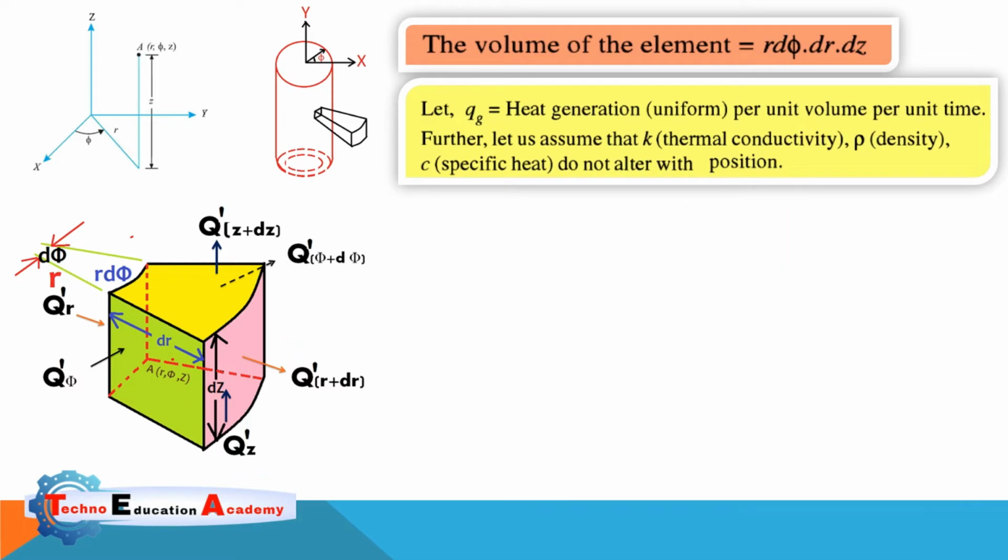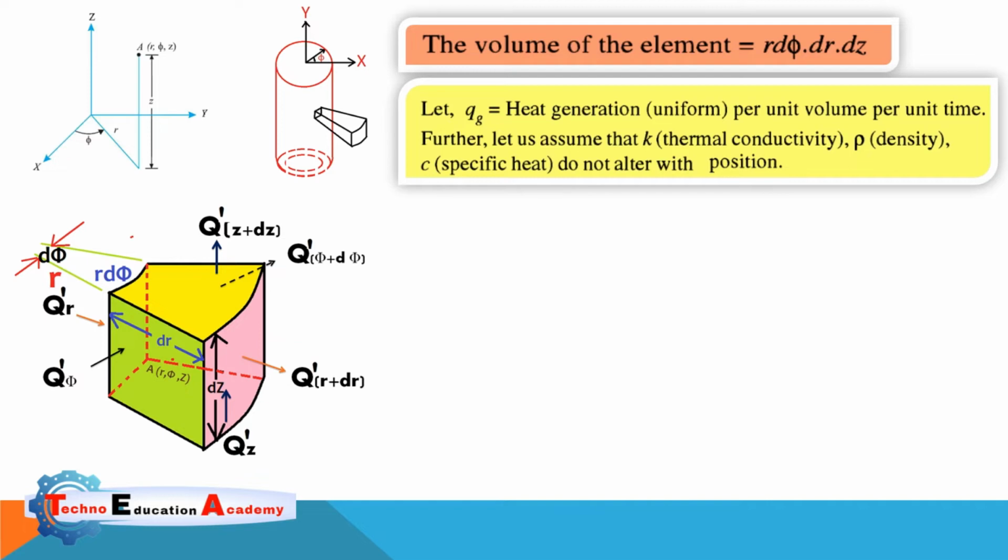In many cases there is no internal heat generation, but in a few cases there will be. But our objective is to derive an equation which is applicable for all cases, a universal equation. So here we are considering internal heat generation. In some examples, if it is not given, then we neglect it. q_g is 0 if a body has no internal heat generation.